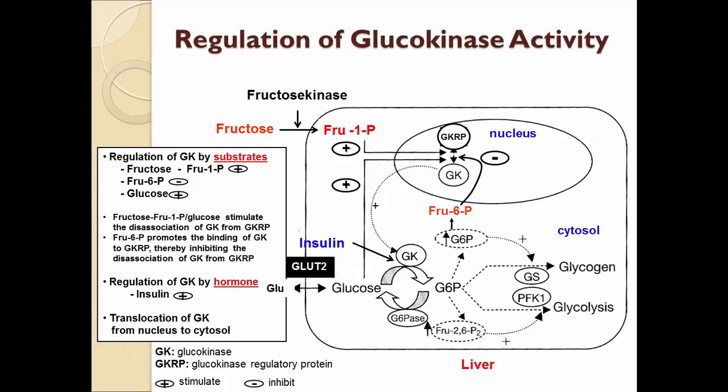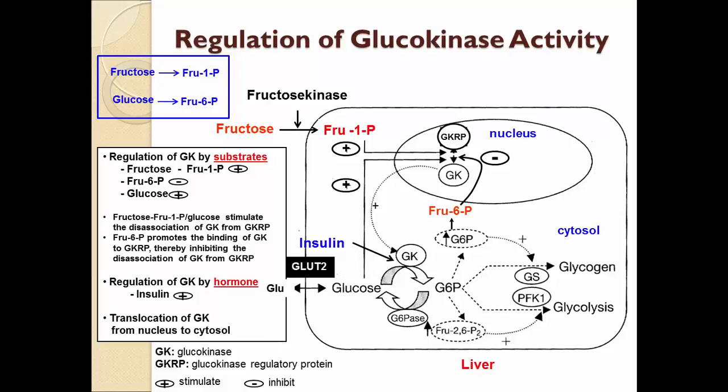When we talk about glucokinase regulation, try to remember the substrates: glucose, fructose 1-phosphate, and fructose 6-phosphate. These are the 3 main substrates that regulate glucokinase activities in the liver.